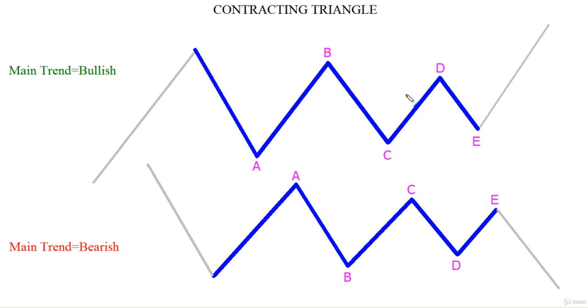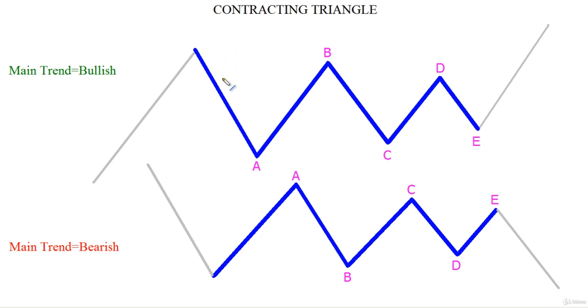And after the completion of a triangle, as I said, we can expect the resumption of the previous trend, which is against the direction of this correction, and it should go back to at least where the correction started from. And in a case of a combination of corrective waves, a triangle can be a part of one pattern, like a wave B of a zigzag, and in that case, the next pattern that connects with this zigzag may or may not go to the origin of the first corrective wave pattern.